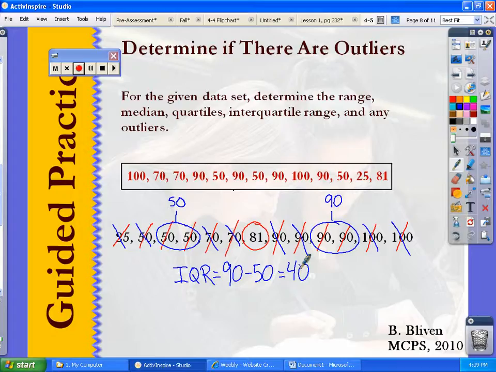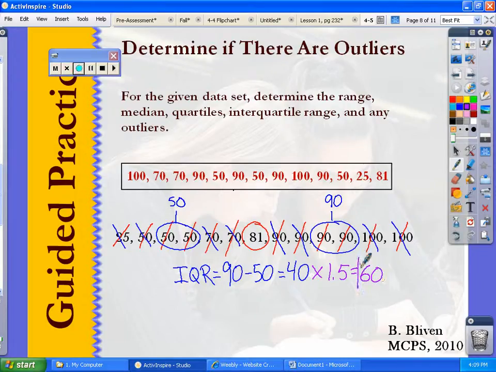Now, I'm going to use the interquartile range to determine if we have the existence of outliers. Using our prior knowledge of the interquartile range and identifying outliers, I'm going to take 40 and multiply it by 1.5. 40 times 1.5 will give me a total of 60.